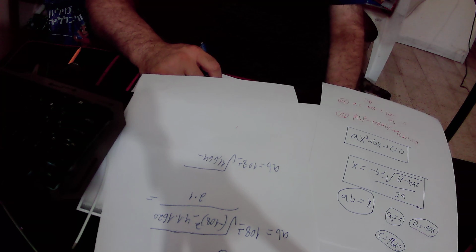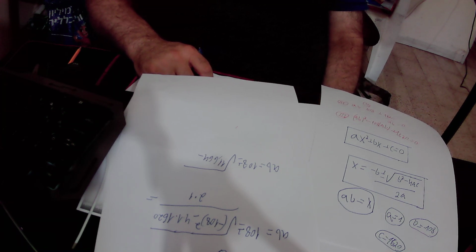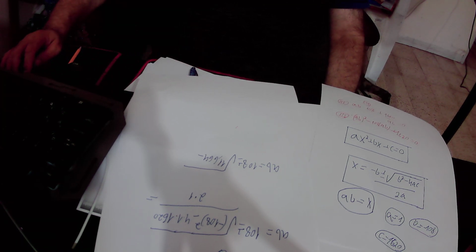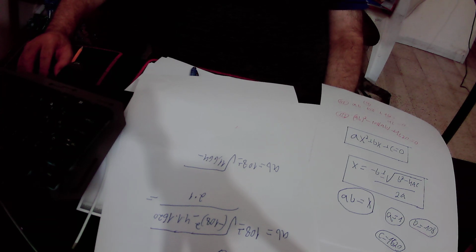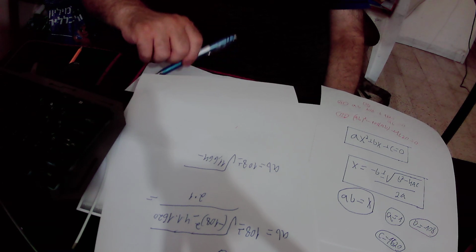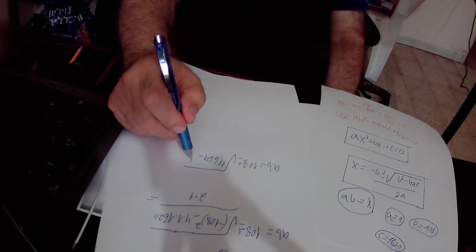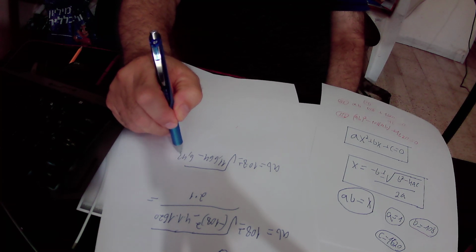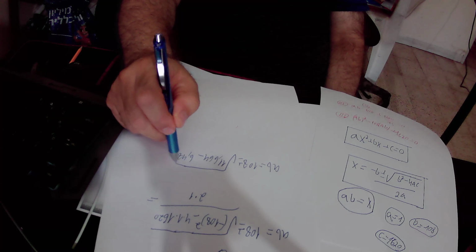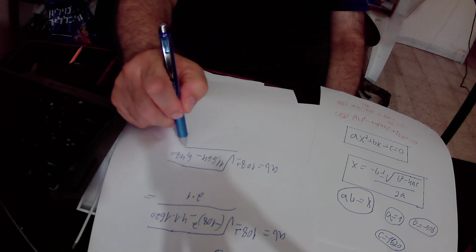Minus 4 times 1620. So it is 1620 times 4 equals 6,480. All divided by 2.